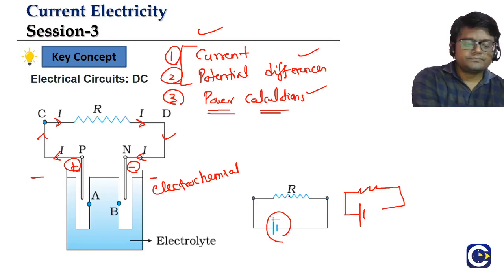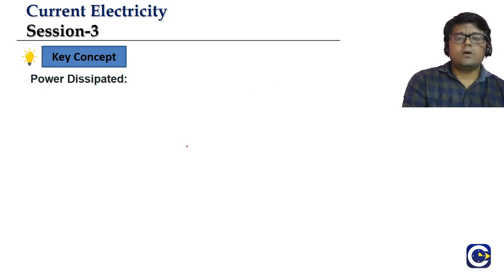And one of the important applications of a DC circuit, as we said, is the power dissipated, or the power that is spent in an electrical component. Let us start with, for example, a resistance only.